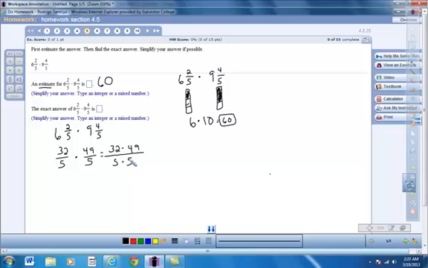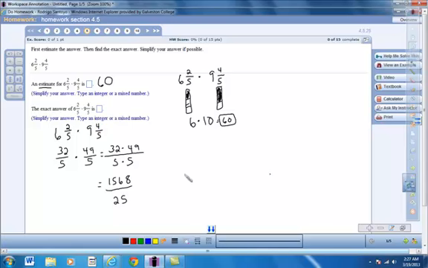So our next step here is to go ahead and multiply these fractions. And we multiply 32 times 49. That gives us a large number like 1568. And we multiply the bottom, 5 and 5, gives us 25. Here we got a large improper fraction.